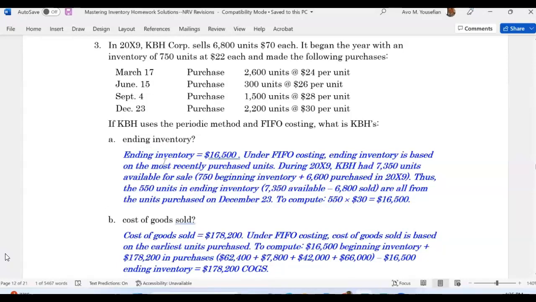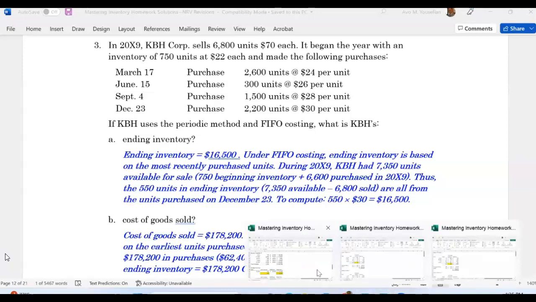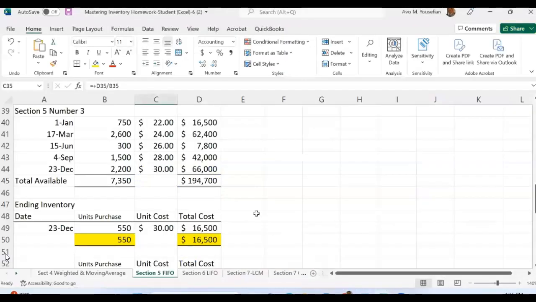Okay. So here is the answer in this Word document, if you want to look at it. But at the same time, I'm going to take this to Excel. So we know that on January 5th, we had 750 units at the cost of $22 each, and that would be the calculation.